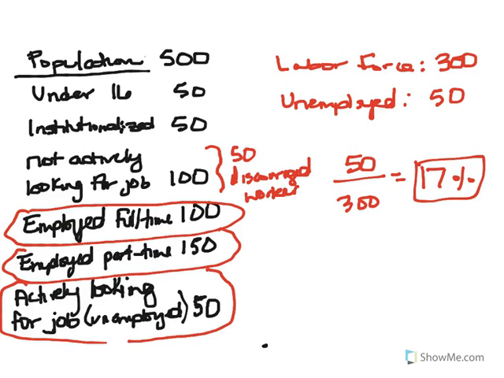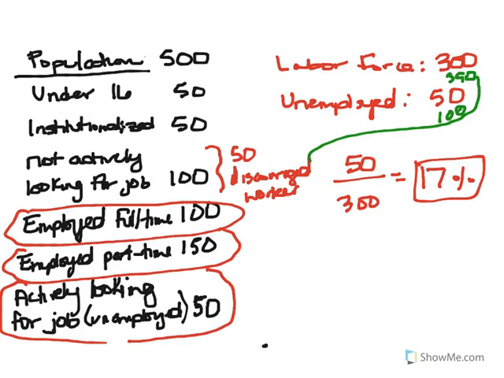We can look and see how the unemployment rate would change. In other words, looking at the U4 measure to see what it would be if we included them in our calculation. So again, if we add them in, then the size of the labor force is now going to change from 300 to 350. And the number that are unemployed is going to change from 50 to 100.